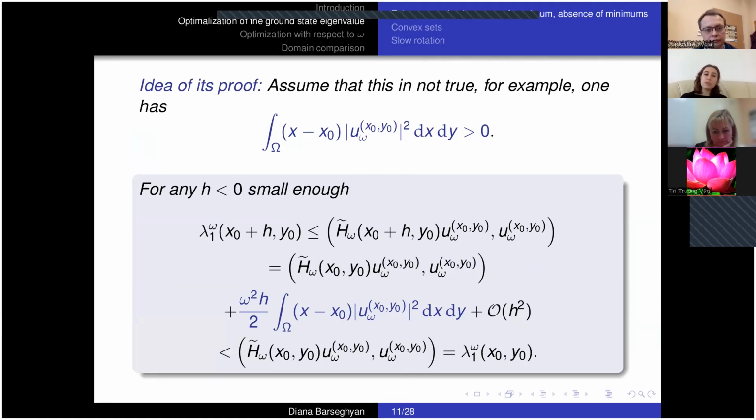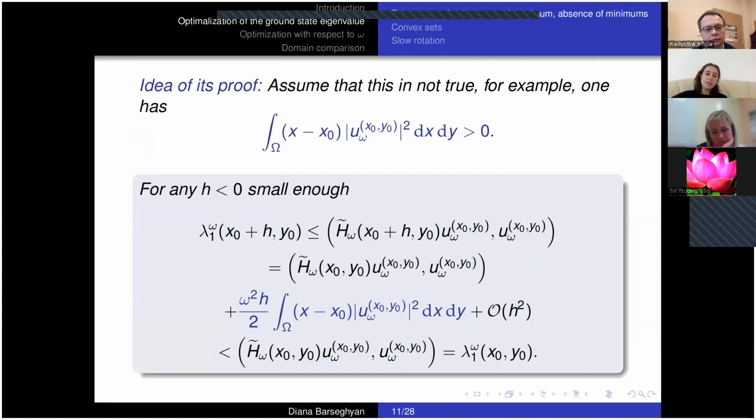We do this by contradiction, and we suppose that this is not true. So at least one of these integrals does not equal 0. And without loss of generality, suppose that the first one is not 0, and suppose that it is positive. For the negative, it will be the same proof.